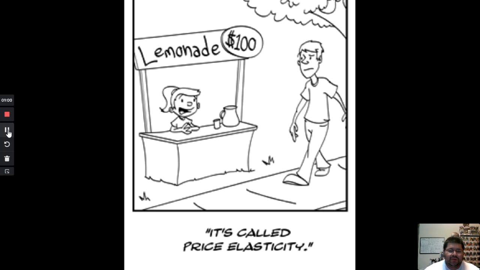Okay, so look at the picture, look at the people, look at the background. How is somebody able to sell lemonade at a certain time of the year really, really high, and maybe get at least one or two people to drink it or buy one? How's she getting away with that?